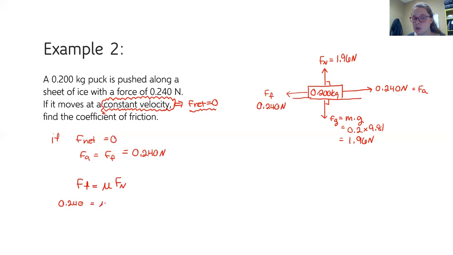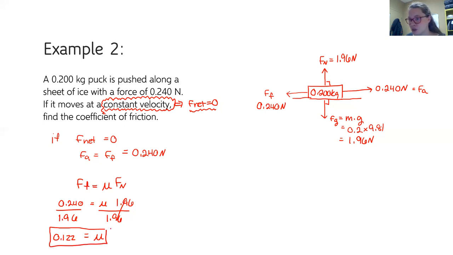It's equal to mu times the normal force of 1.96. Dividing by 1.96 on both sides, the coefficient of friction is equal to 0.122. And it doesn't have any units, it's just a ratio. So that's our question done.